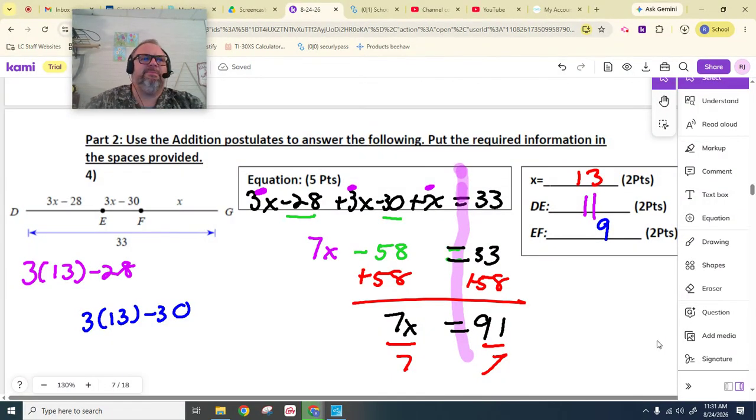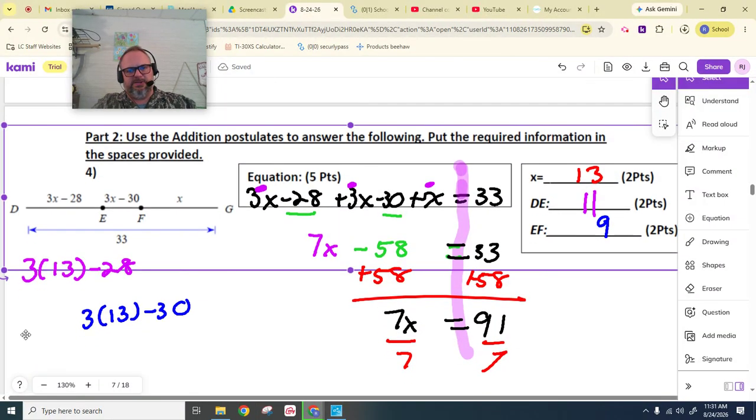Now, I didn't catch anybody doing this today. It says put required information into spaces. So this is where your equation should go, not over here, not up here.